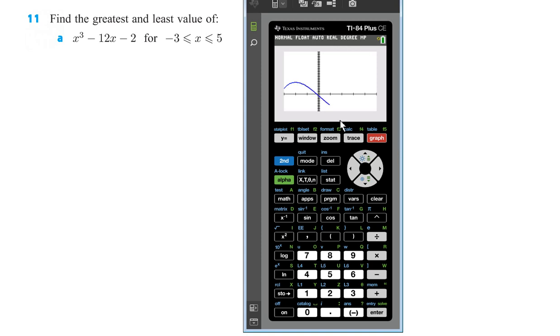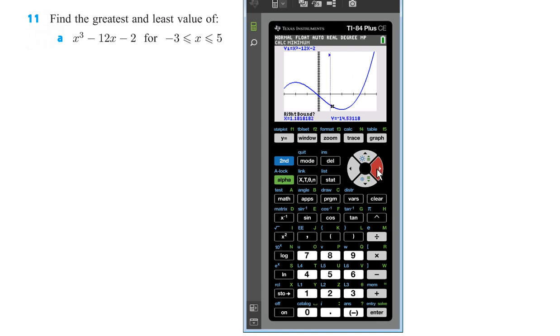Okay, so it's there. Yep, we've got the minimum, and we still can't even see that maximum there. But here's the good news. We know the maximum is going to be over here, and then our minimum point is going to be here. So let's find that minimum point. We do second trace and find the minimum. That's actually in a good spot. Enter.